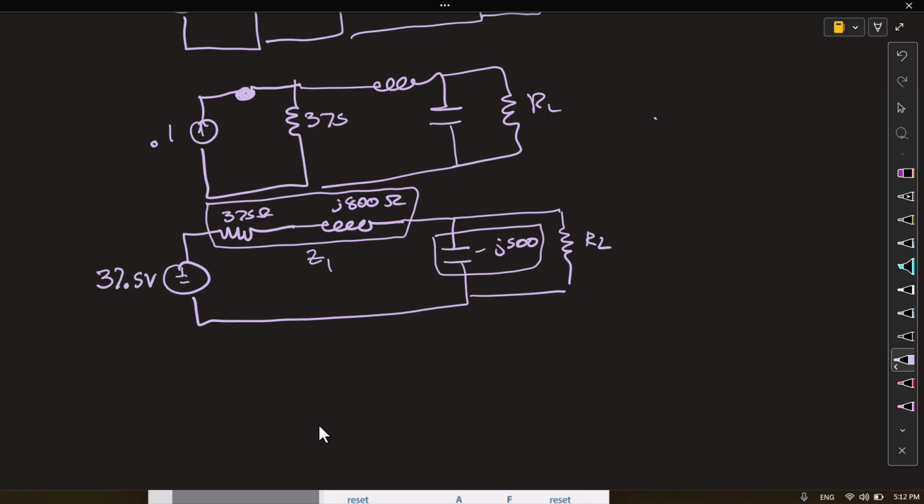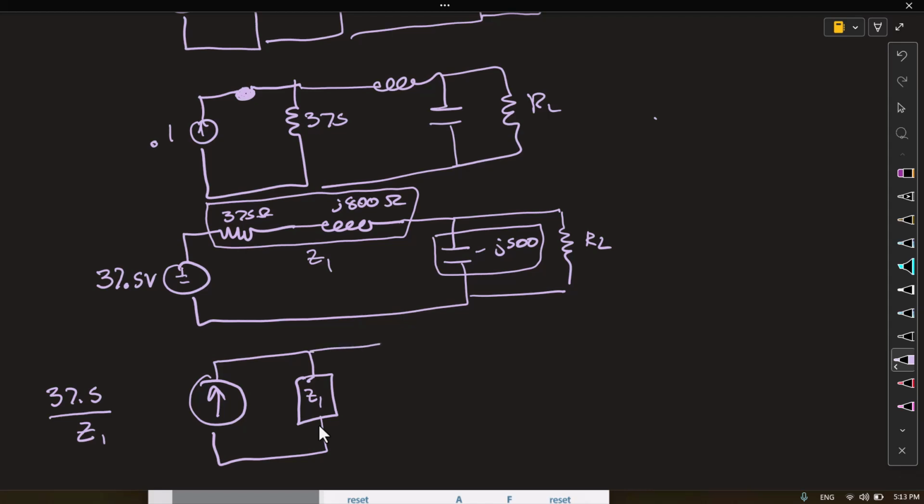So then if I do a source transformation again, I would have a current source, which would be 37.5 over Z1. There's Z1. And here is ZC.